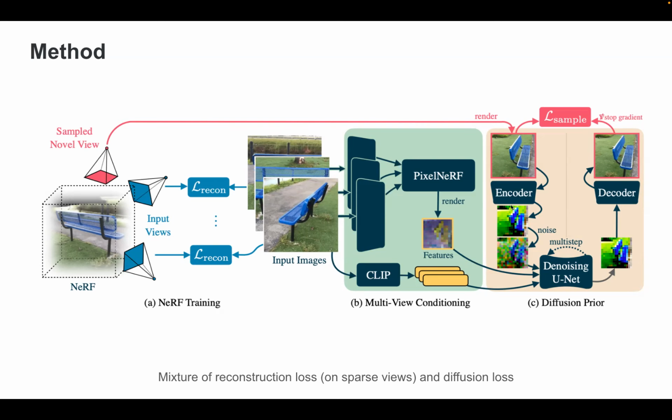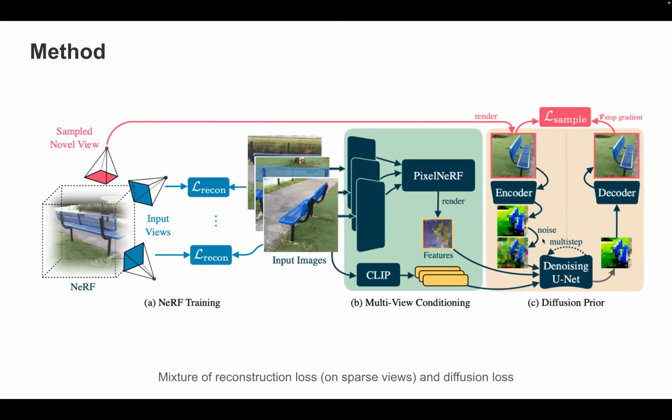Then you encode it, in this case with a latent diffusion model, and add a given amount of noise to the encoded image. Then you let it denoise with a given number of steps, decode it with the decoder of the latent diffusion model, and then have some sort of loss or gradient you can backpropagate to the NeRF representation.